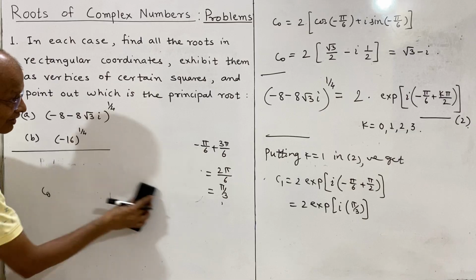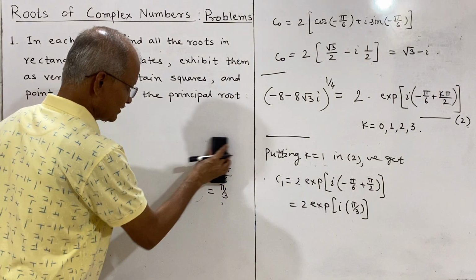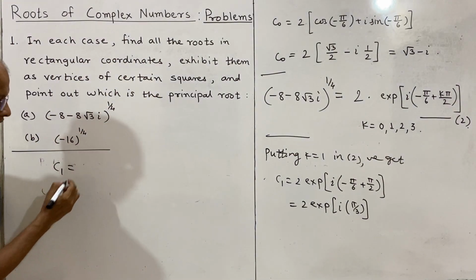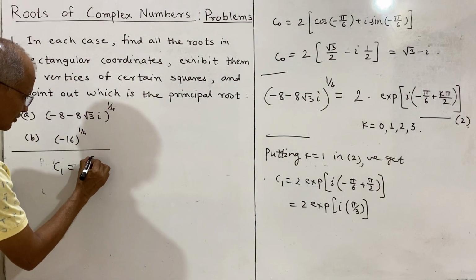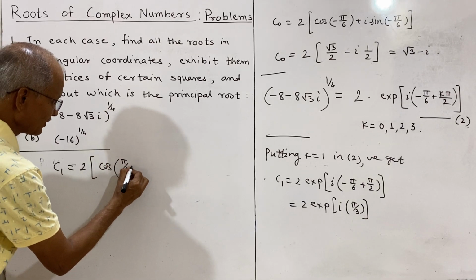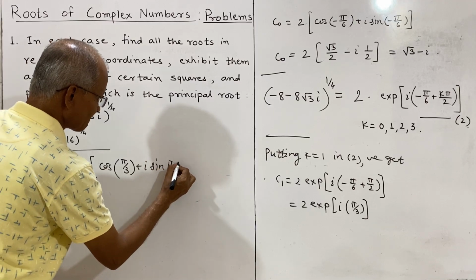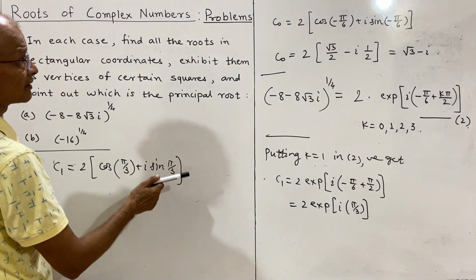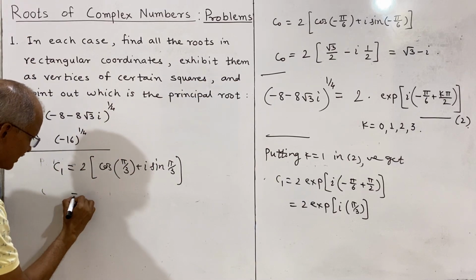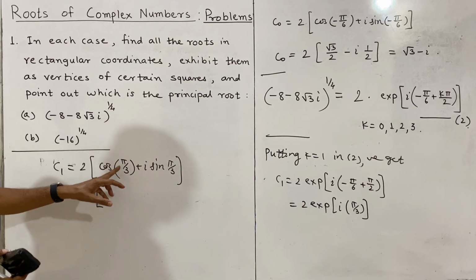Let us check the calculation we are doing correctly. This C1 is 2 into bracket cos pi by 3 plus I sin pi by 3, and there we have angle pi by 6, here we have pi by 3, and that is 2 into bracket cos pi by 3, which means 60.